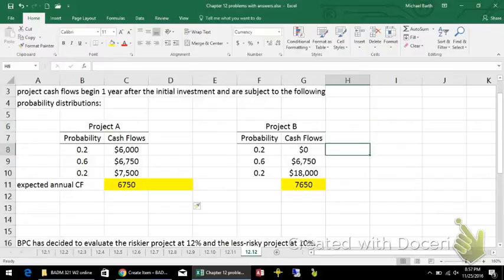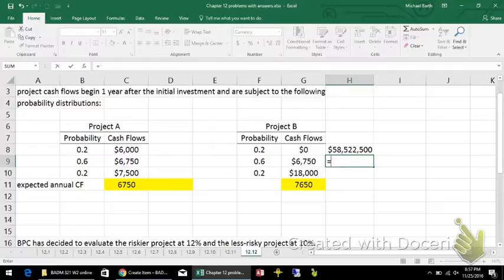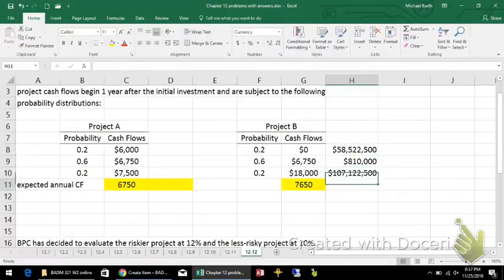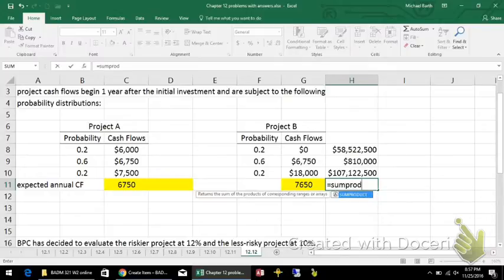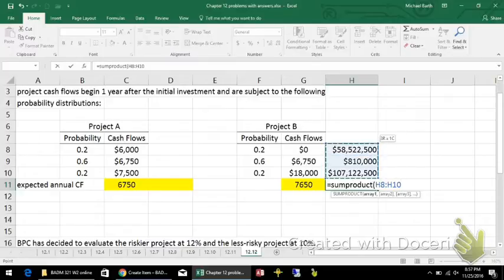With Project B, if I take each of the cash flows and subtract the mean from it, and then square it, and then I take the weighted average of these squared deviations, I've calculated the variance.